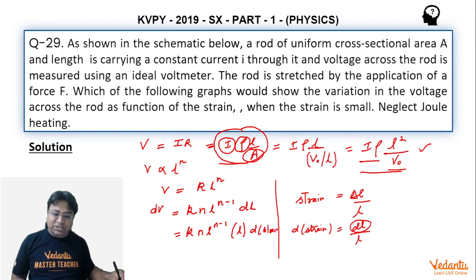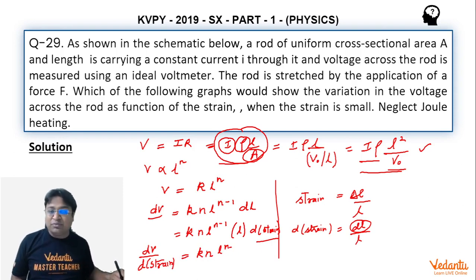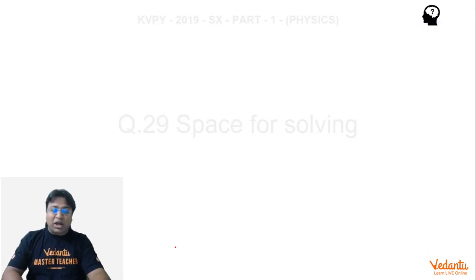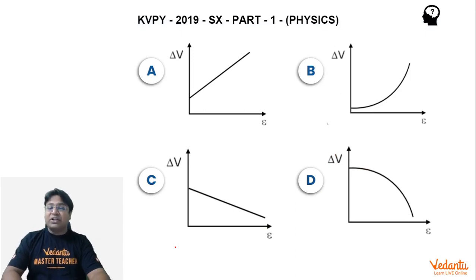What I am suggesting is that the graph of V versus strain will have a constant slope: dV by d strain equals k n L raised to power n. Whether n is 1 or 2 doesn't matter. What matters is that for a given situation this entire thing is a fixed value, so we are looking for a graph with constant slope. Out of the options given, the graph with a constant and positive slope is option A only. So option A should be the correct one.